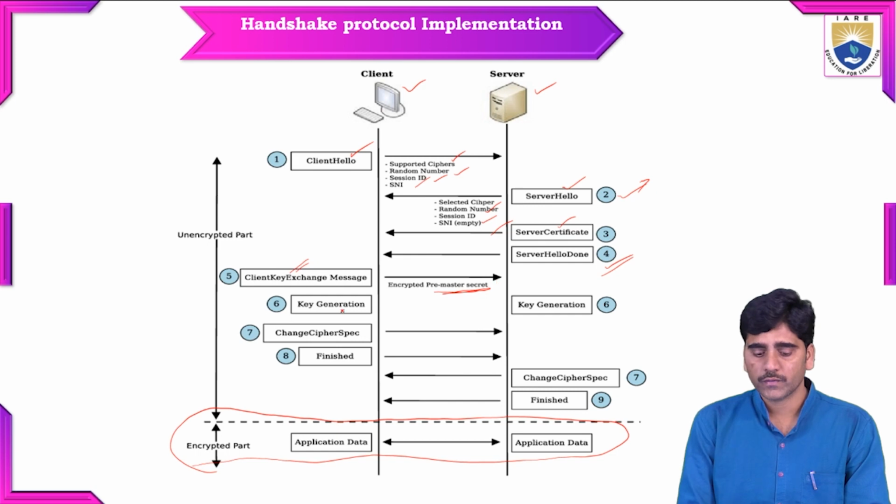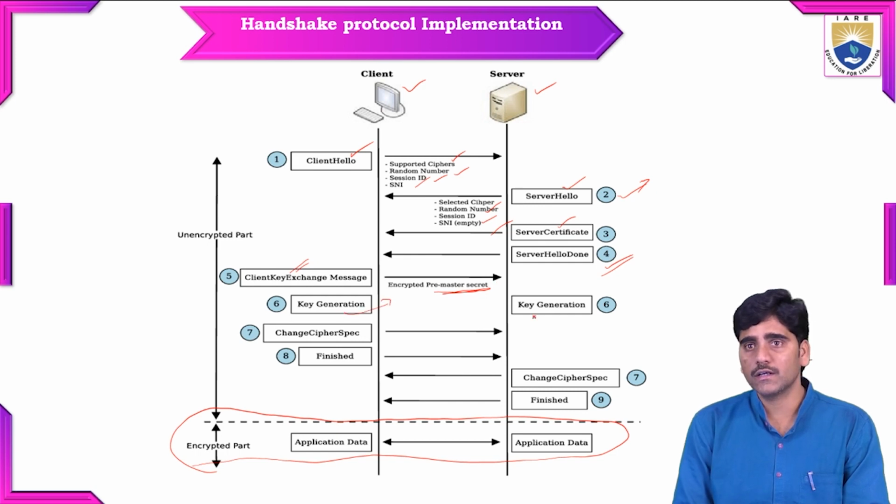The next, it generates the key. In the same way, the server also generates the key for changing the cipher suite. Once the key is generated at the client side as well as the server side, the client sends a change cipher spec to the server. So the client is requesting the server to change the cipher specifications.